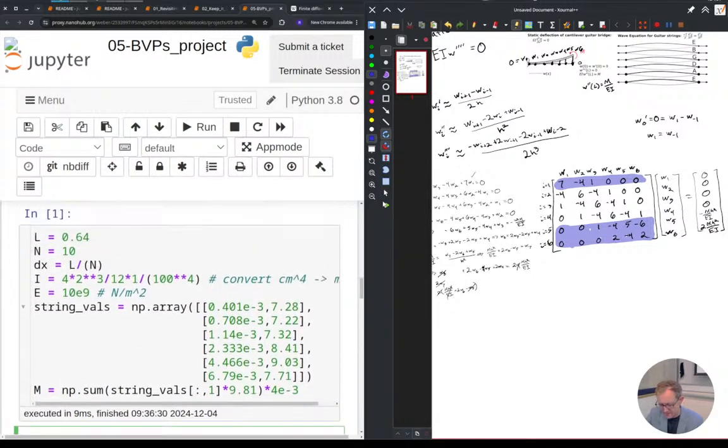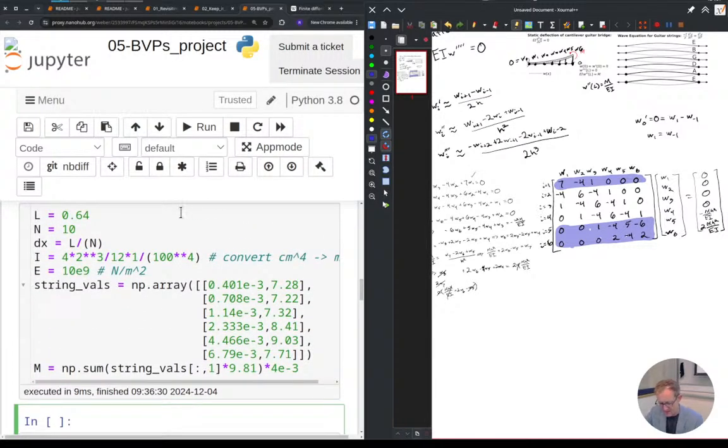And what did we say? So we do have n. I want to stick with 6 for now. So I can double check. And then dx is going to be L over n plus 1, right? 1, 2, 3, 4, 5, 6. 1, 2, 3, 4, 5, 6.